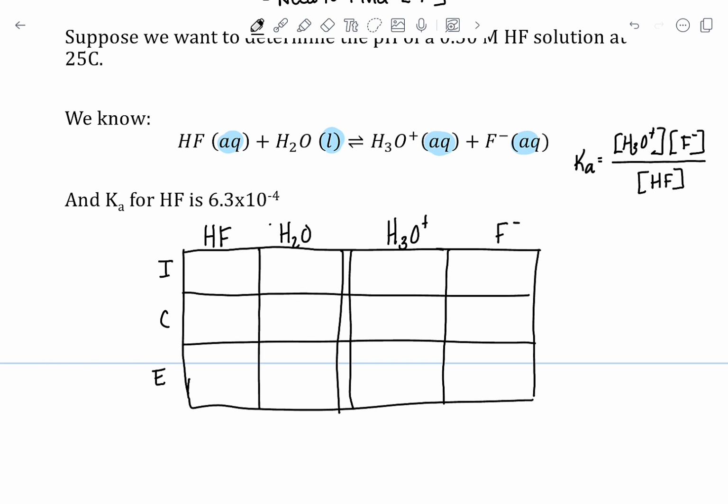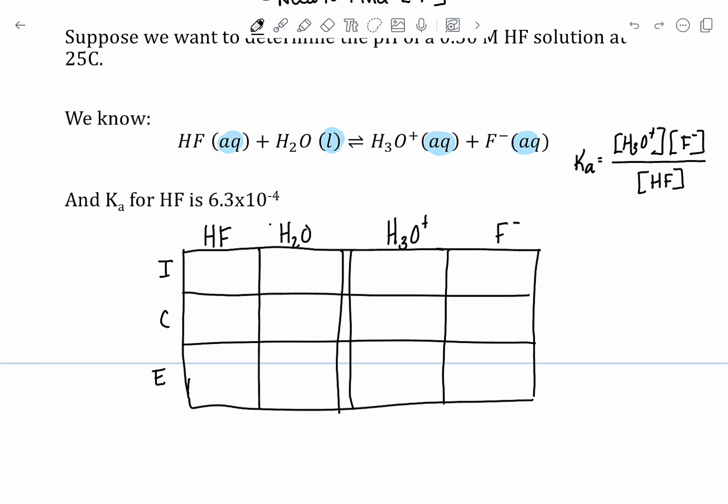If we're ignoring the water in our Ka expression because it's a liquid, we can do the same thing in our ICE table, because any change in water is not going to affect our equilibrium constant. Remember, our ICE table is telling us about concentrations. Well, we don't know the concentration of H2O because it's a pure liquid.